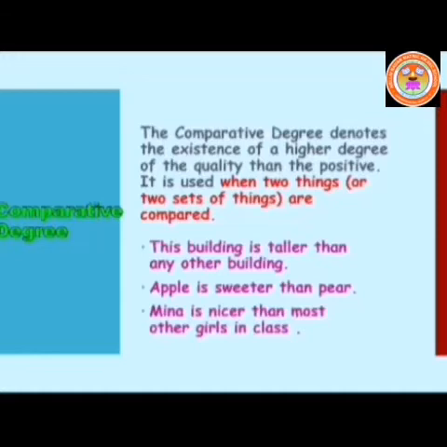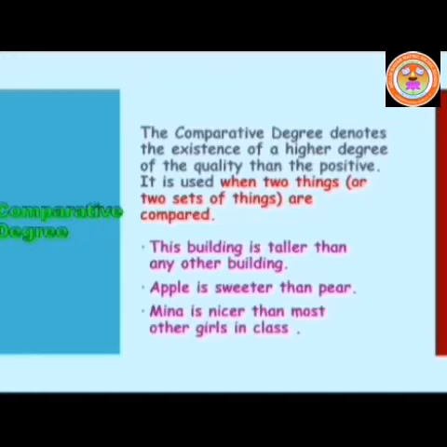Here in the comparative degree we will use the adjective in its comparative form, that is tall plus er, that is taller. Then we would be using one word that is called than. That than is very important.